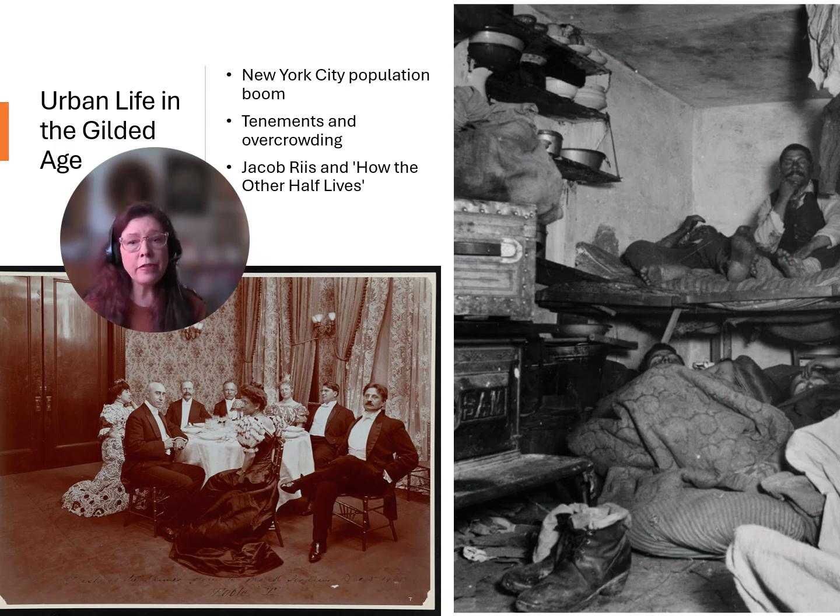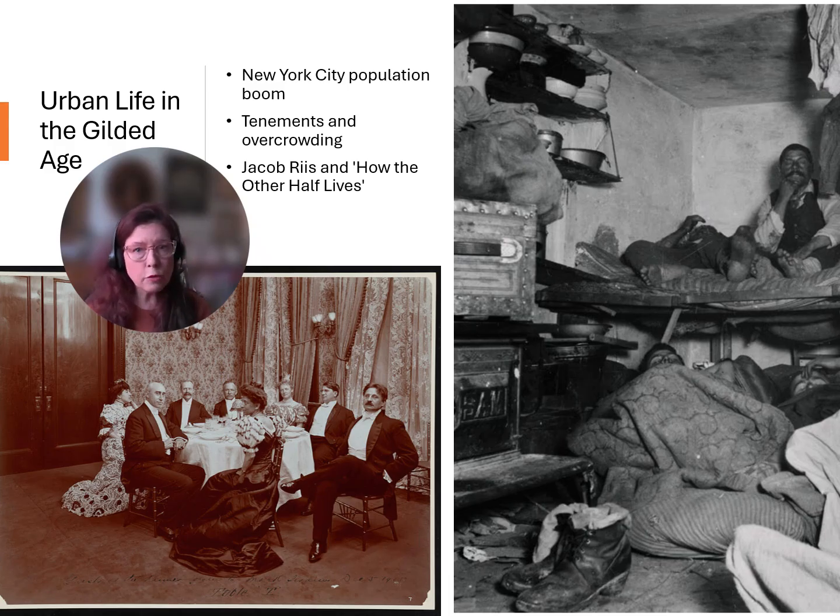Here you have the interior of a tenement. This one is tight, crowded, multiple people sharing a very small space. There's very little light, very little privacy, very little separation between where people sleep, eat, and live. And this is the reality for many working class families during this time.